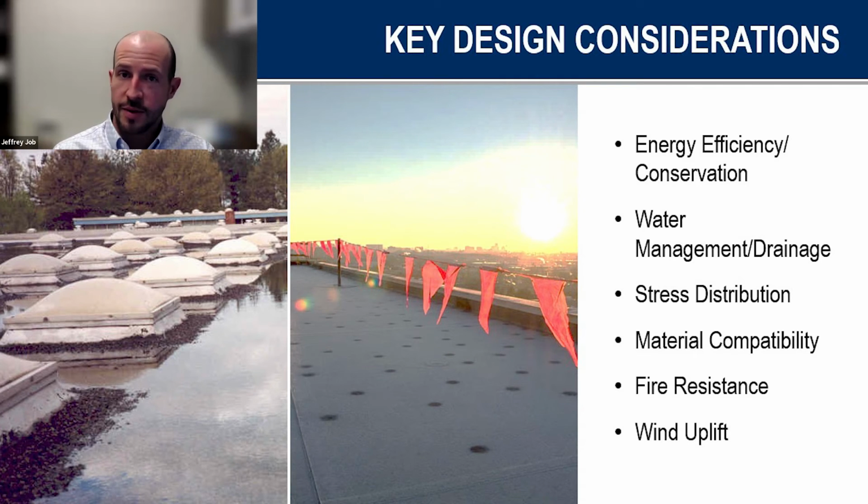So colder climates tend to have higher insulation requirements versus warmer ones, and that's all based on what they call heating degree days, which is an ASHRAE term alluding to the number of days that you're heating that structure throughout the year. Of course, in colder climates you're going to heat the building more often.